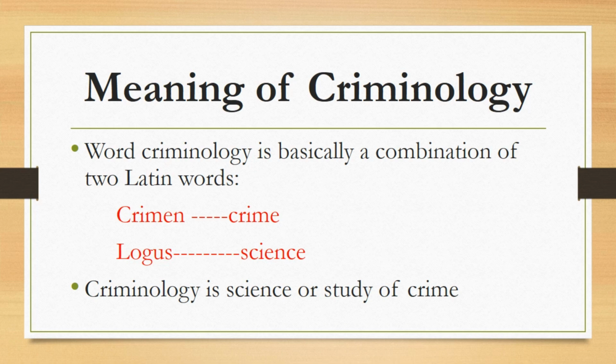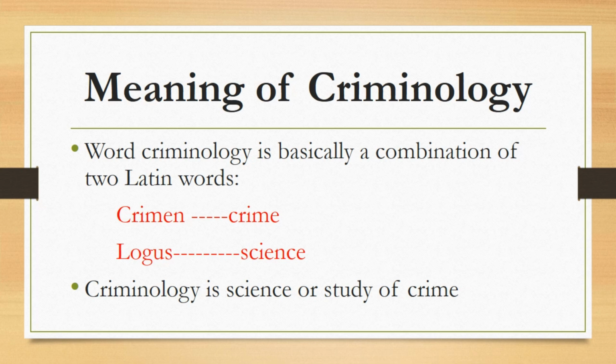The word criminology is basically a combination of two Latin words including crimen, which means crime, and logos or logi, which means science. So these two Latin words basically join to make a word criminology. So we can say that criminology is science or study of crime.